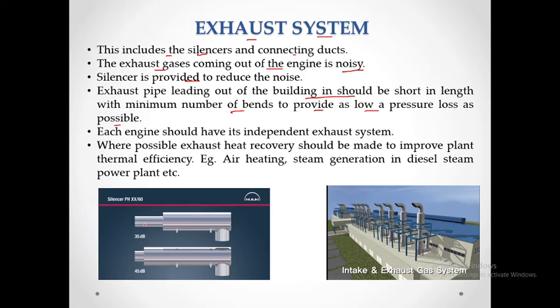In this diagram we can see the silencer. The silencer output is 35 decibels, 45 decibels. Normally we measure noise in terms of decibels. Here in this diagram we can see the intake and exhaust gas system.